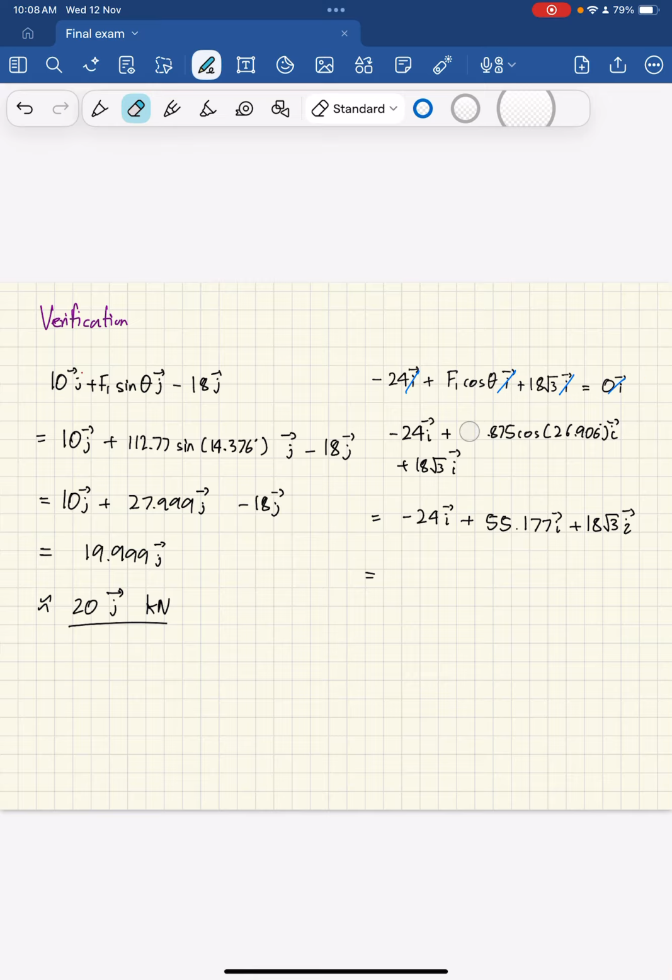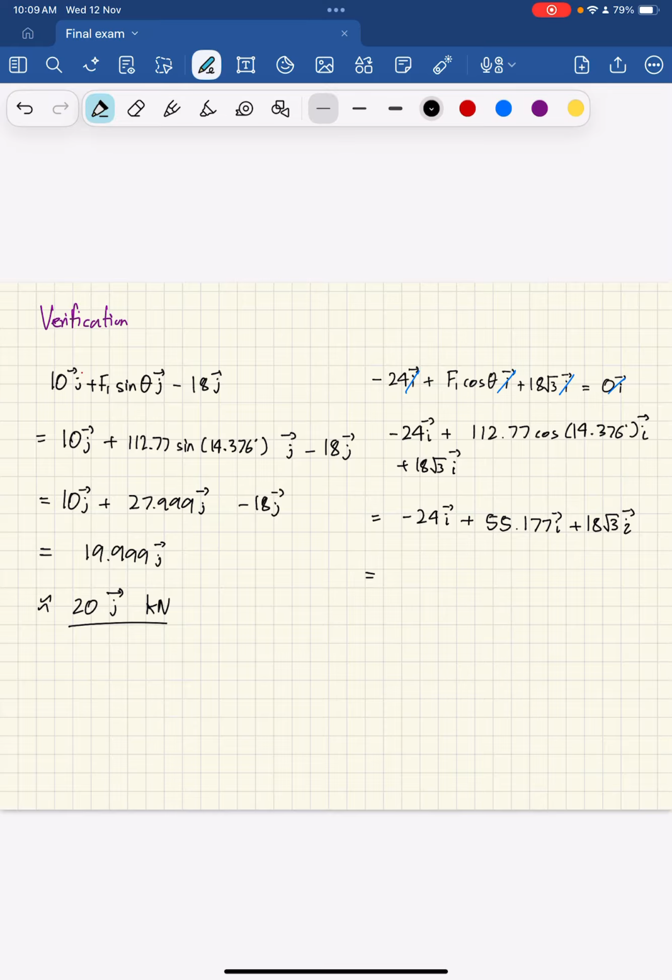Now this one we check. So this one's supposed to be 112.77 cosine 14.376 degrees i. So it should be 112.77 cosine 14.376.